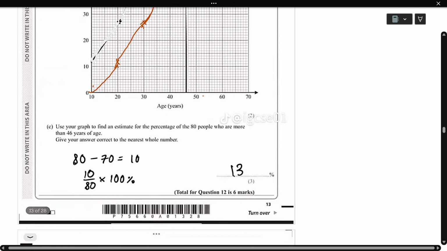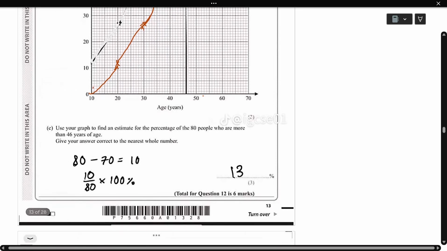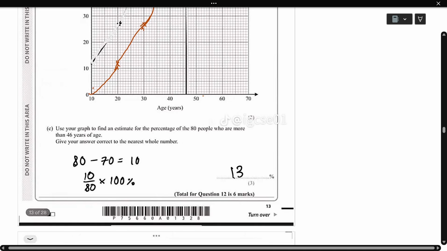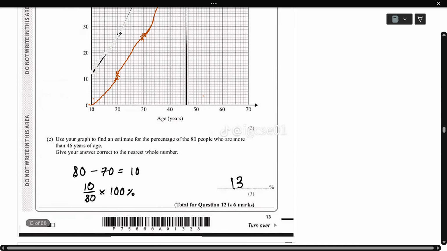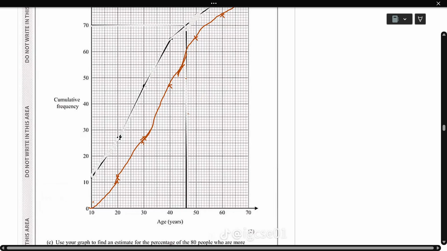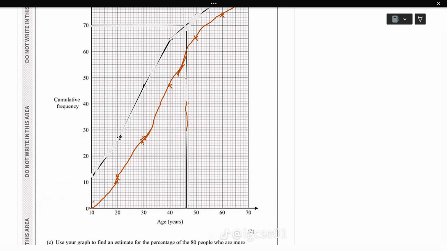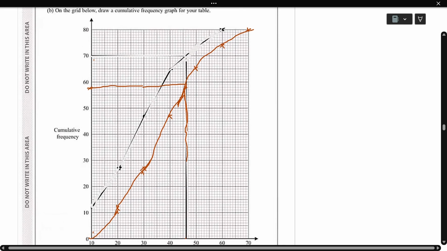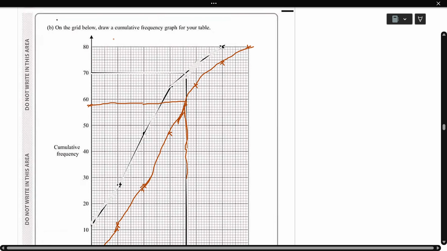Okay, our next question: use your graph to find the estimated percentage of the 80 people who are more than 46 years old. This is our 46. We have to draw a line up to the graph, which at 46 is approximately here. When you draw a line, it comes to approximately 57, so for above 46 we need to calculate this length.